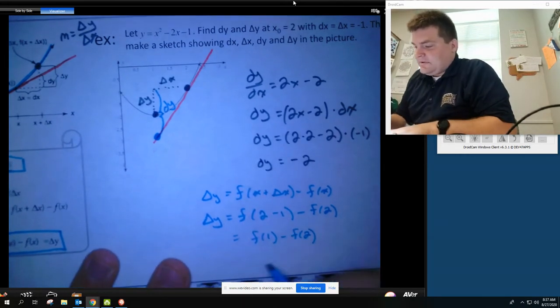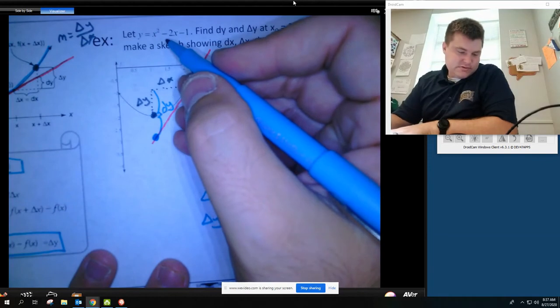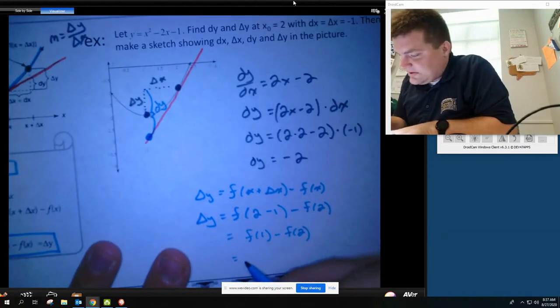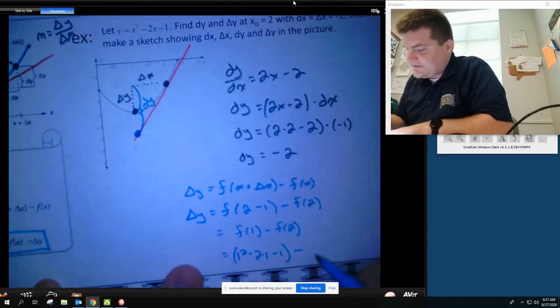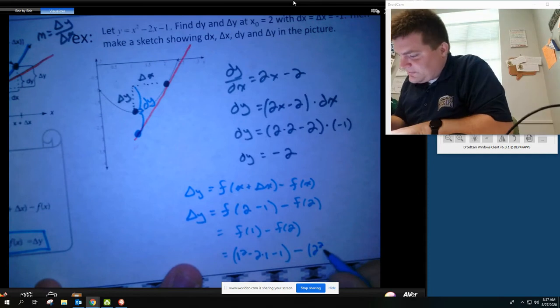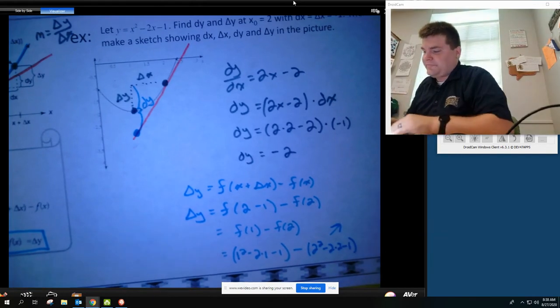So let's go ahead and plug this in. So we plug a 1 into here and we're going to get 1 squared minus 2 times 1 minus 1, minus, plugging a 2 into there, 2 squared minus 2 times 2 minus 1. Do the final work up here.